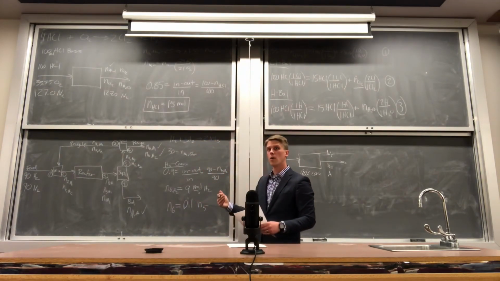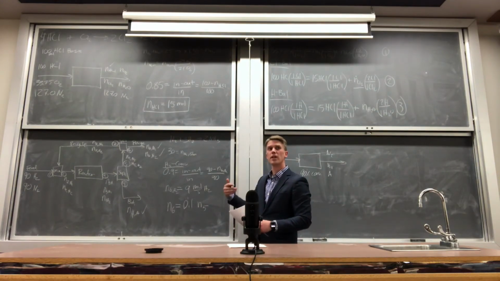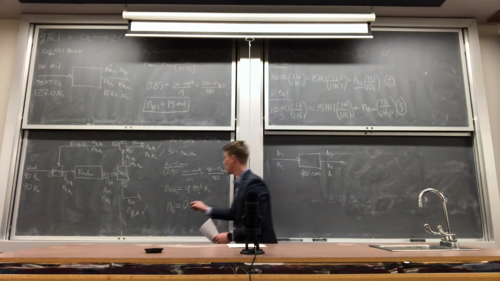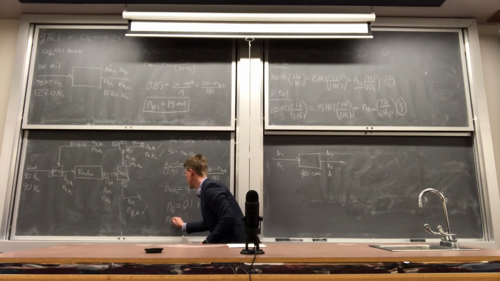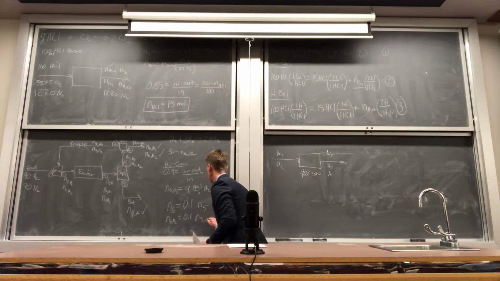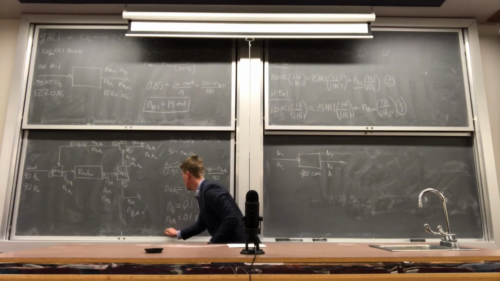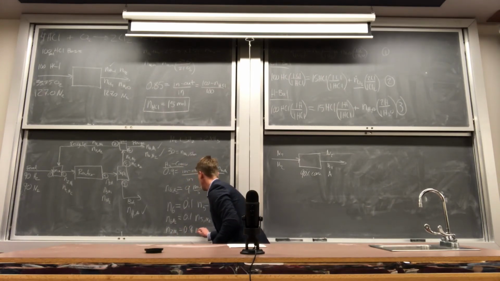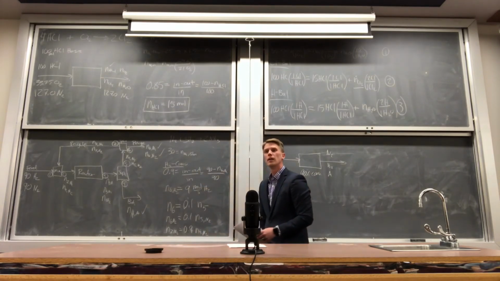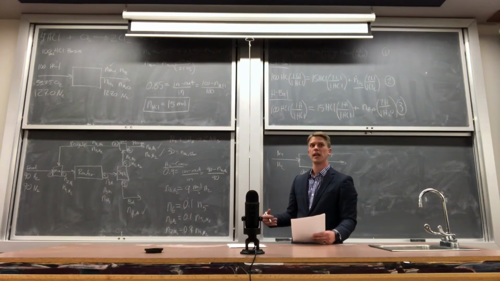Since the splitter's not changing the composition of anything, we could also say that N6 of nitrogen is equal to 0.1 N5 of nitrogen. We could also say that N7 of nitrogen is equal to 0.9 N5 of nitrogen, right? That's our last design specification.